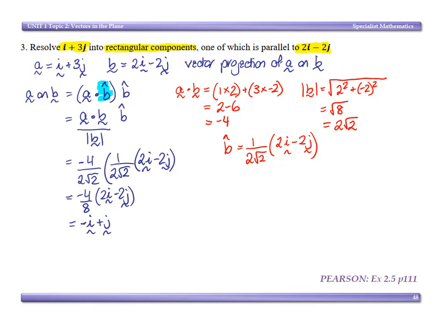Now I want the perpendicular component. I'm realizing I am not going to have enough room. But anyway, the perpendicular component is the vector A minus what we found in the previous section.